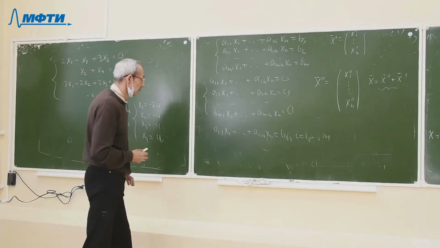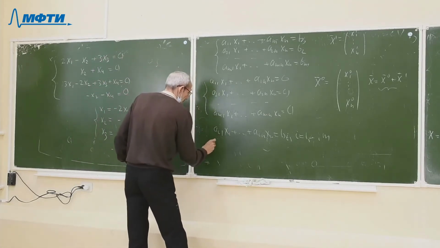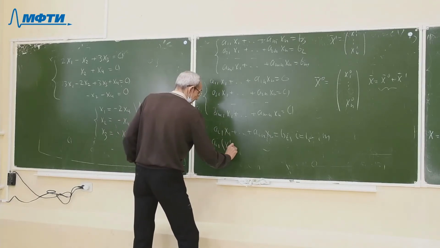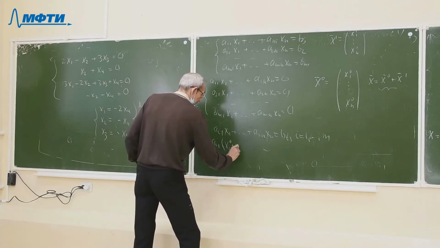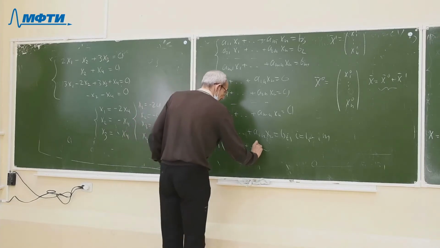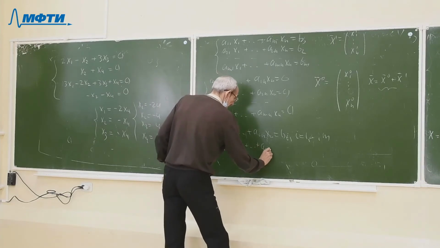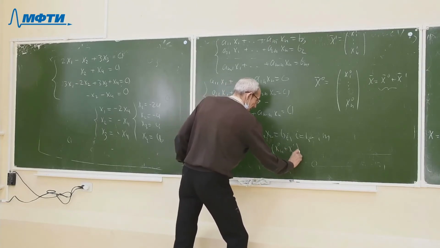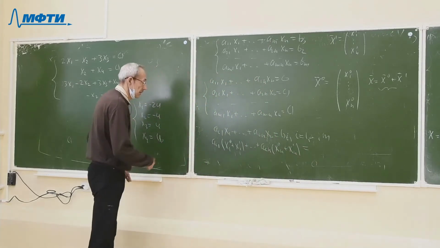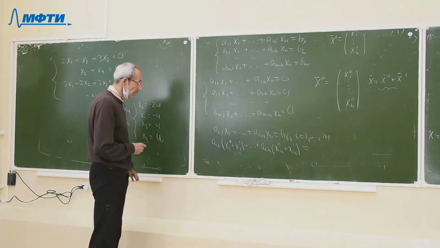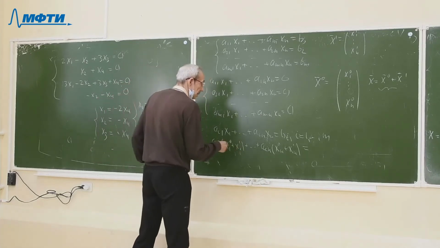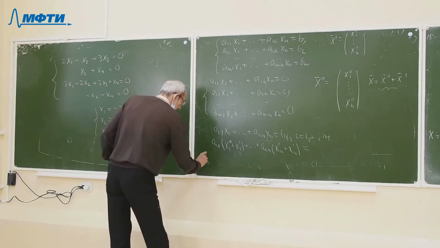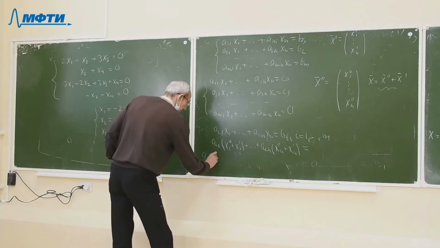I assert the sum of the solutions is also a solution of the non-homogeneous linear system. If we substitute into this equation the sum x1 0 plus x1 1 and so on, we can rewrite this expression in the following form.